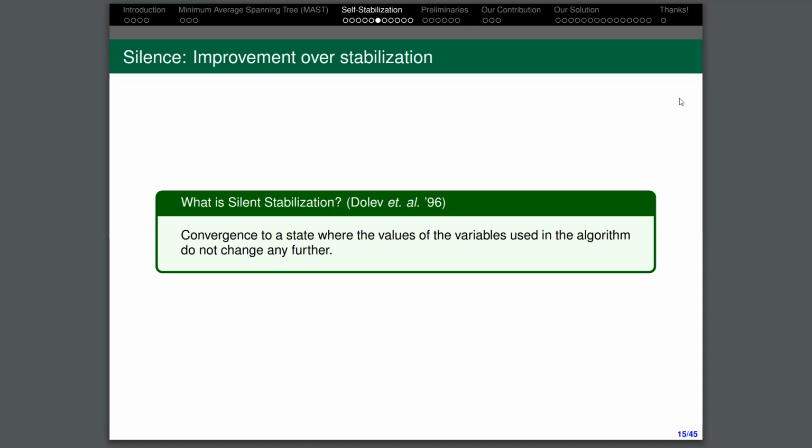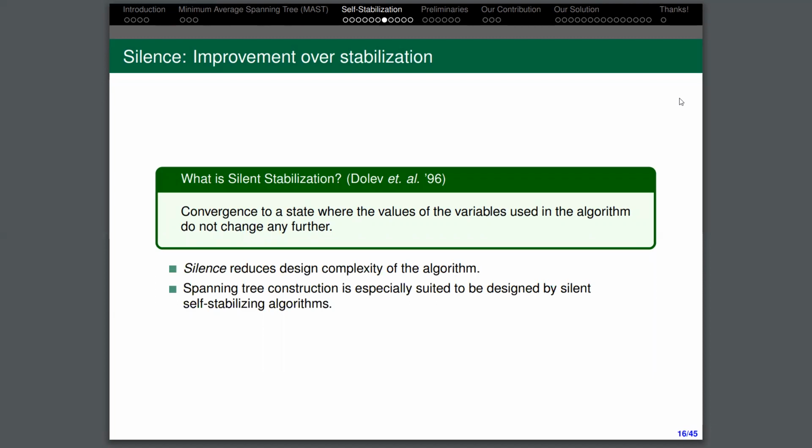This quiescent state of the system changes as soon as errors are encountered. Silence reduces the design complexity of the algorithm. So there are some distinct advantages, as we can see, and it is very much suited for graph algorithms, much like the one we have in hand.